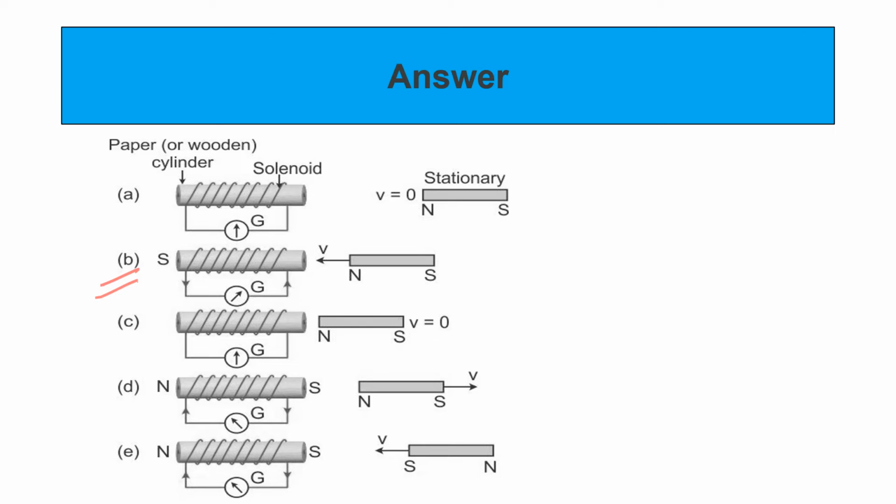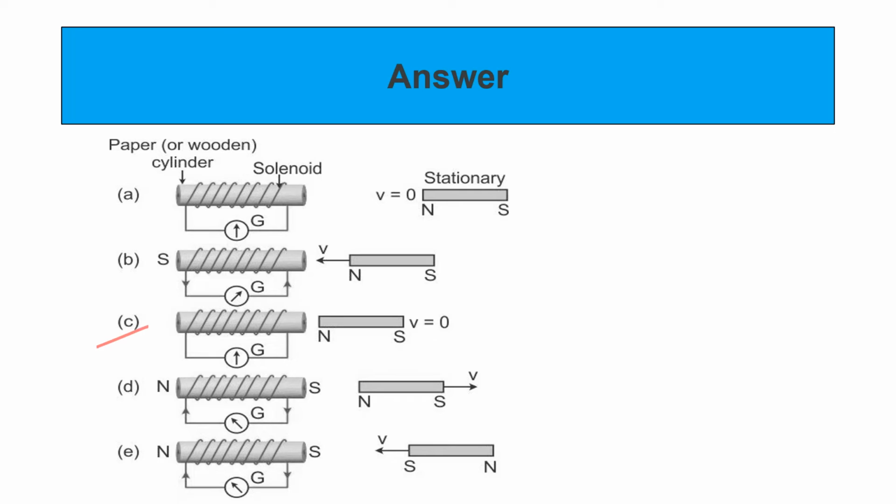When the magnet is moved towards the solenoid, there is motion. Therefore, magnetic flux is changing and electric current is induced in the coil, and this current will deflect the needle towards right. There is a deflection shown in the galvanometer when the magnet is moved towards the solenoid.